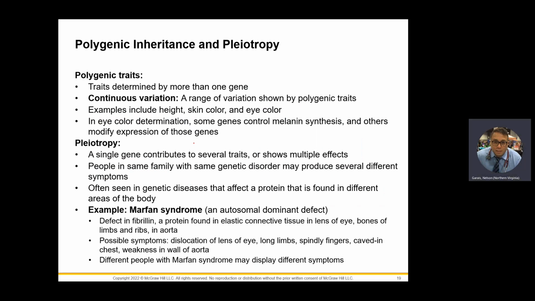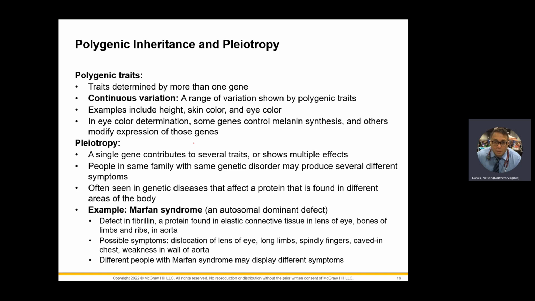Polygenic inheritance and pleiotropy. So what are polygenic traits? They are traits determined by more than one gene. And classic examples are height, skin color, and eye color. They're multifactorial. So think polygenic, poly or many genes. Pleo, many or different.